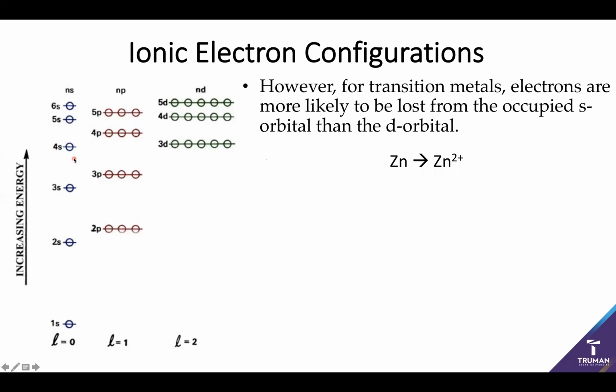Now, the reason why this happens is because remember, those s and d orbitals are very similar in energy. But if you remember back to the structure of your s and d orbitals, your 4s orbital is much bigger than your 3d orbital. So go ahead and try and think of the electrons as being members at a kind of rowdy concert.